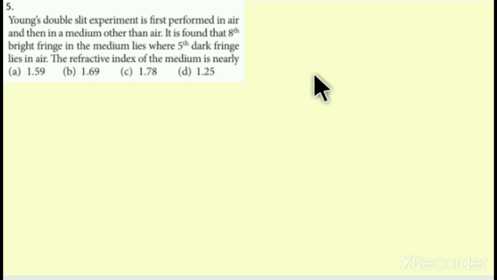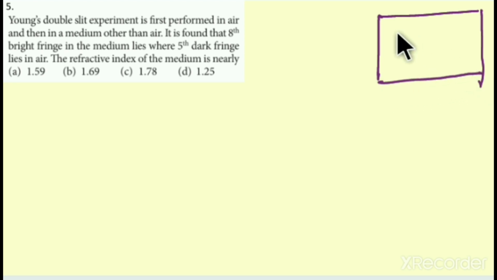Here a double slit experiment is performed in air, then in a medium, and in the medium there are a total of 5 dark fringes, and in the air there are 8 bright fringes in the same area. Let's consider this screen.